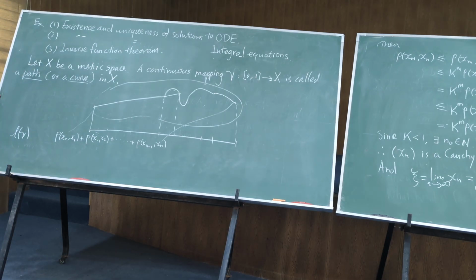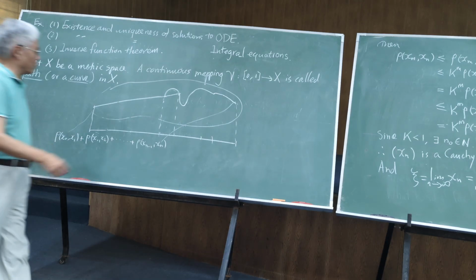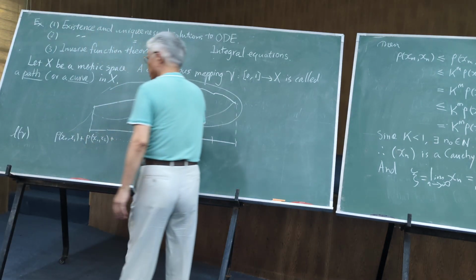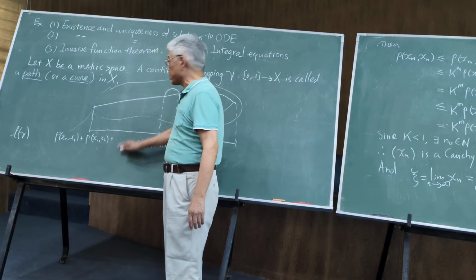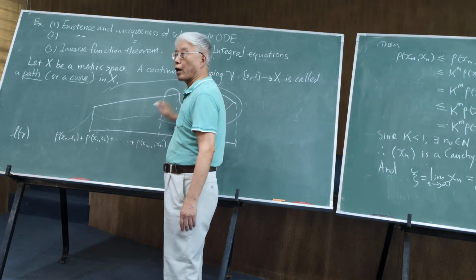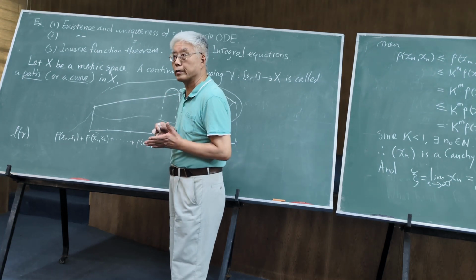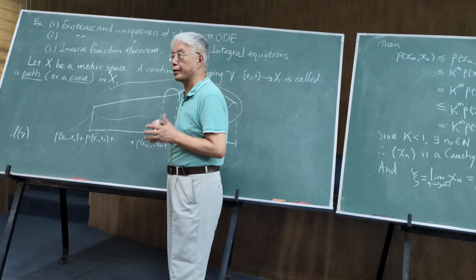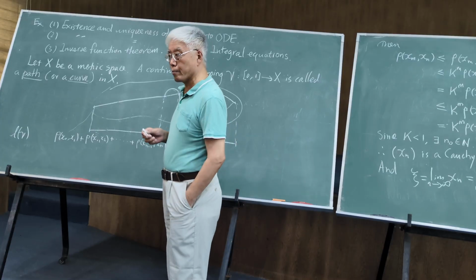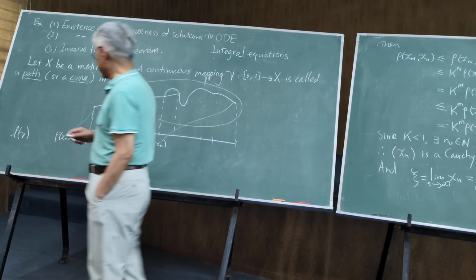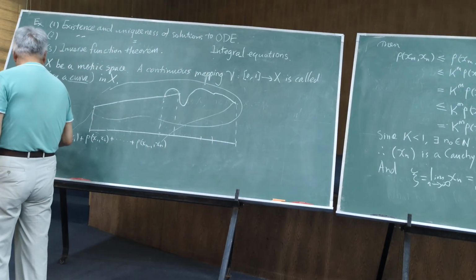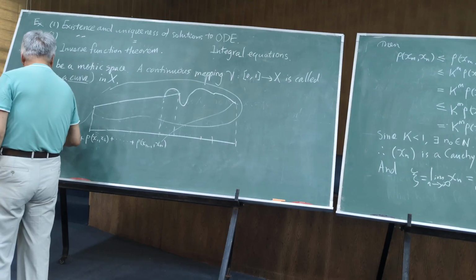And what will happen as n increases? In this picture, for example, this sum we are calculating could be shorter than the actual length we are trying to define. So we are going to take the supremum of this sum. This is where we need to understand why it is supremum, not minimum.